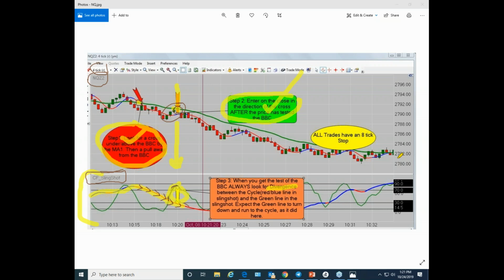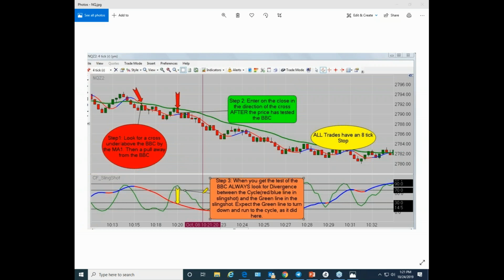So from this point, what do we expect? In the end, what we expect to happen is the green line to pull away and then ultimately come down and close the gap. Go down and touch the cycle and repeat itself over and over again until what?